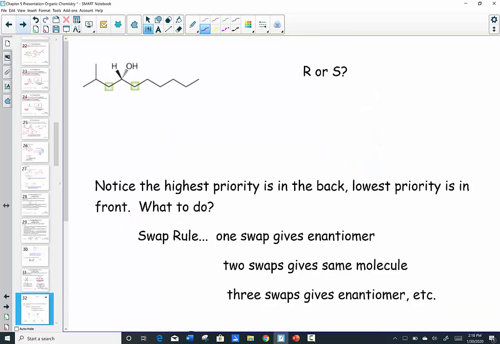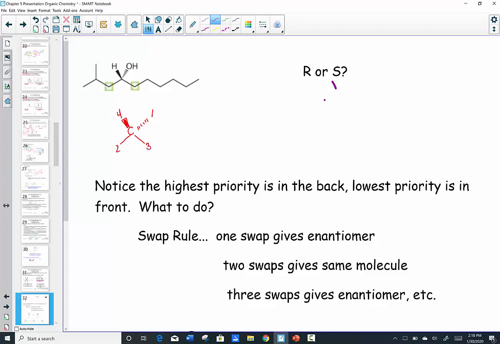So our answers were really thinking about, is this an R or an S? I keep showing the same molecule, I'm just getting us to an answer. Is it an R or an S configuration? Well, I know that we've decided that here's the chiral carbon. The hydrogen was priority 4. Here we had a dash to the highest priority, and then in the same plane we had priority 3, priority 2.